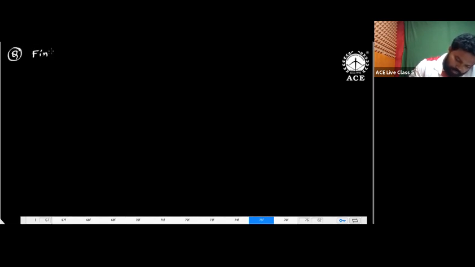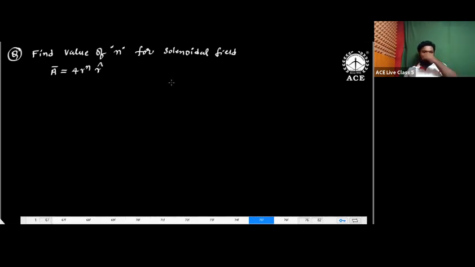Find the value of n for a solenoidal field A equal to 4 r to the power of n in the r cap direction. Find the value of n for the solenoidal field.